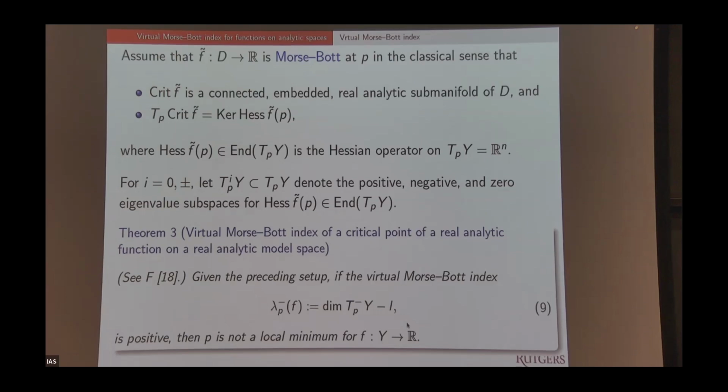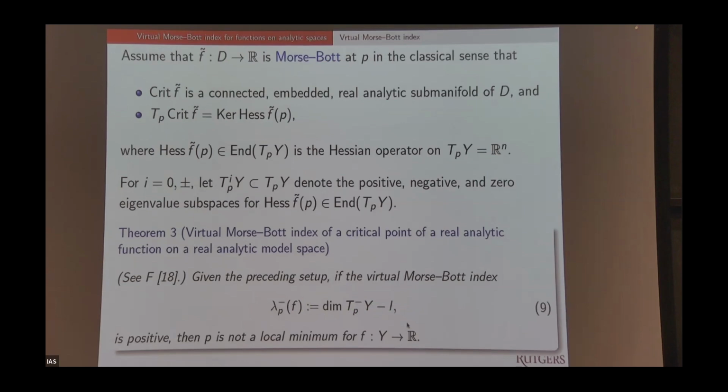All right, so given that setup, we have the following nice conclusion. If what I call the virtual Morse-Bott index is positive, then this point P is not a local minimum for F restricted to Y. What makes this distinct from the classical Morse index is that we're subtracting off this number L. This difference in dimensions is something that's going to crop up over and over again, both in later generalizations of this theorem and also in the pictures that I'll describe.